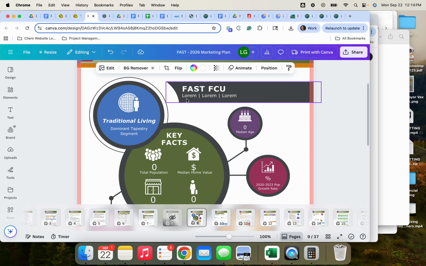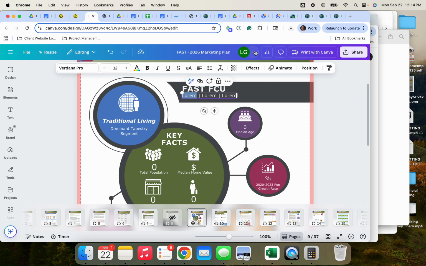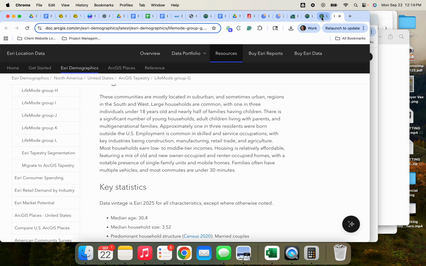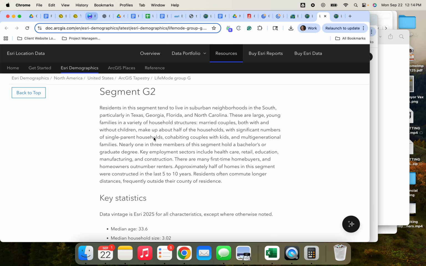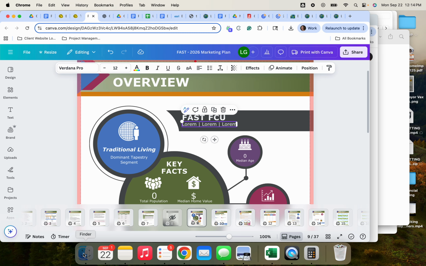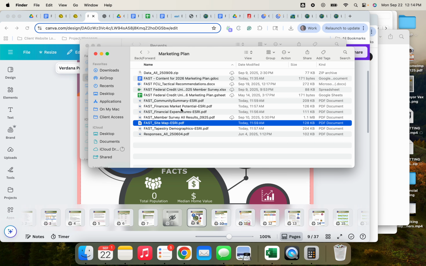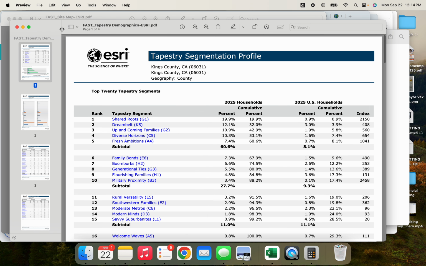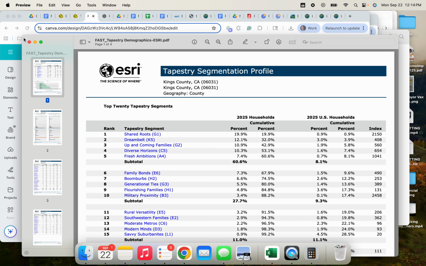Okay, so at the top, these placeholders here, we're going to put their dominant tapestry groups. Again, that's shared roots, dream belt, and up and coming families.